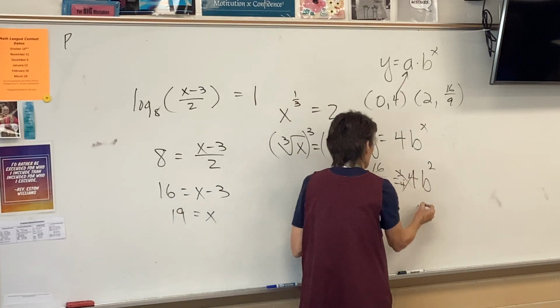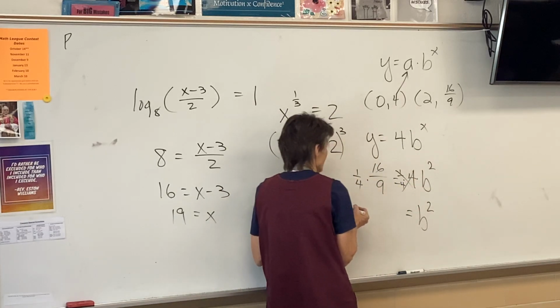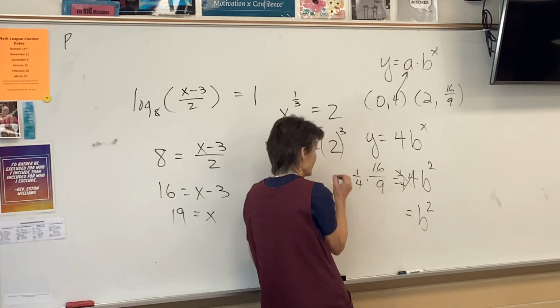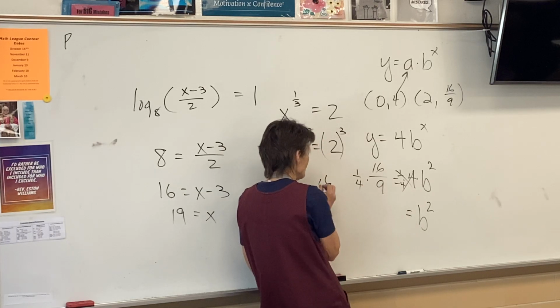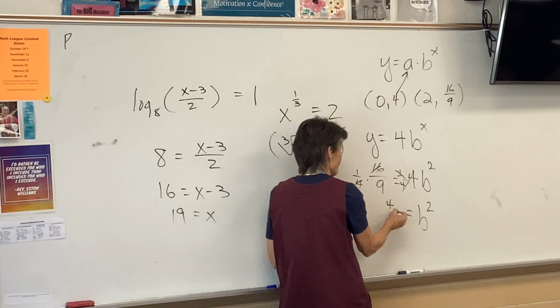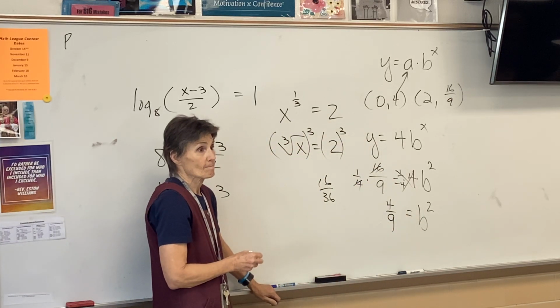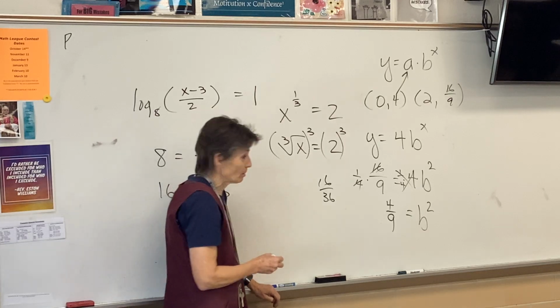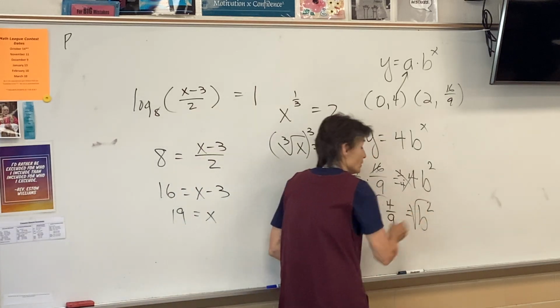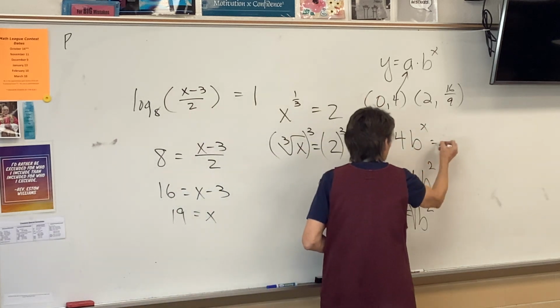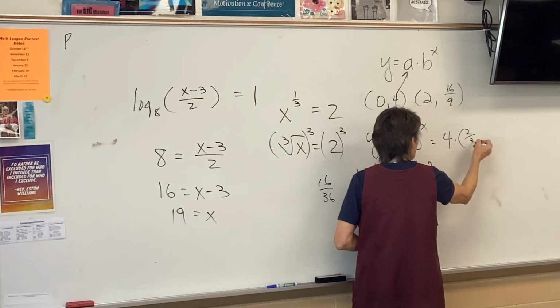So that's gone, b squared. Now this actually would be 16 over 36, but that reduces to 4 over 9, which is a great number because now I'm going to square root it, and b equals 2/3.